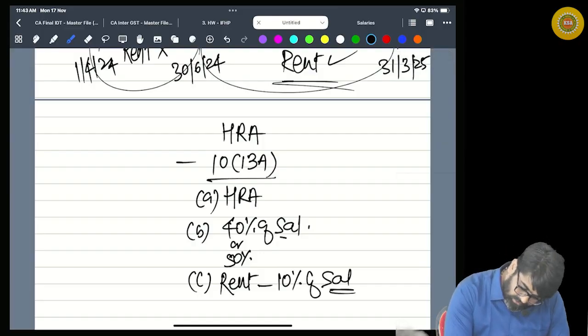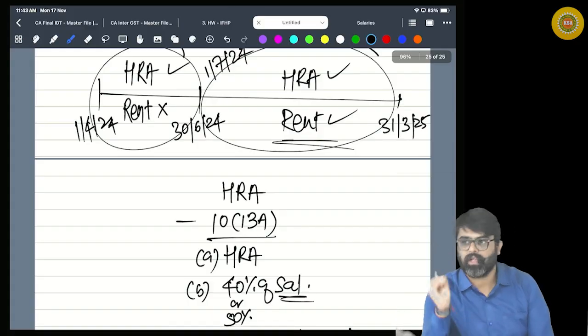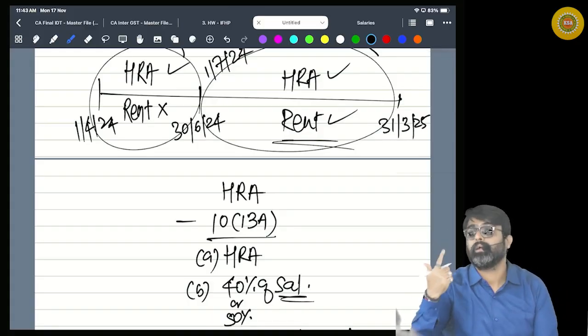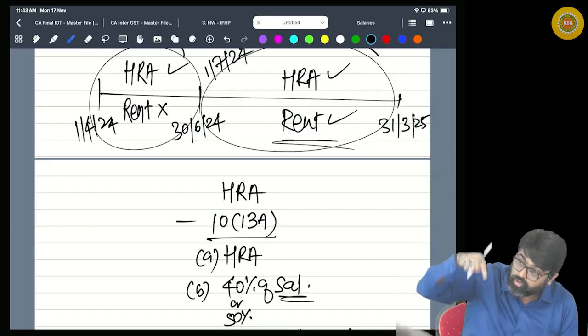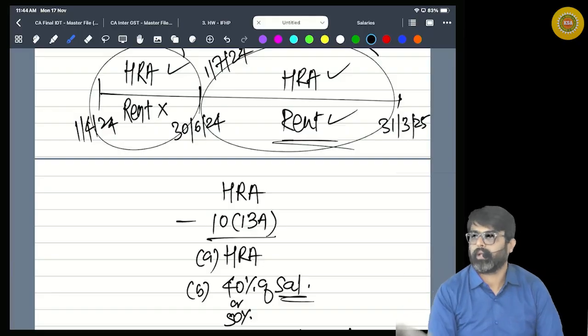Now this salary I will take for which month? July. Whatever salary becomes due in the July month, basic, DA in terms, turnover commission, based on that salary this exemption will be calculated.